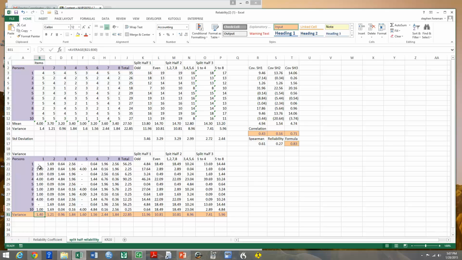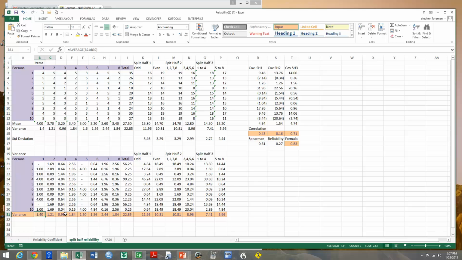And the average variance, it divides it by 10. So basically our variance is the average of the sum of squares divided by 10. And our variance for item 1 is 1.4. So we do that for each of the other items.